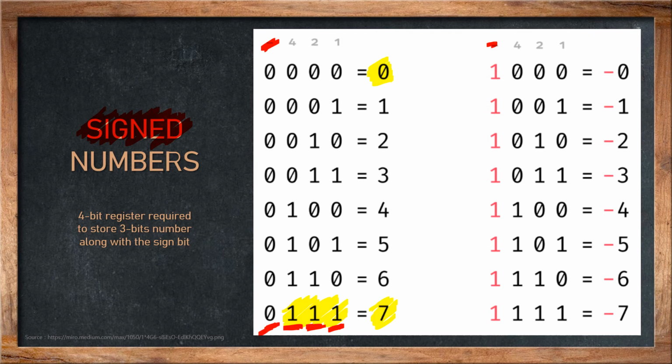So to store numbers of maximum 3 bits along with the sign, we need one more extra register; that is, 4-bit registers are required to store a 3-bit number along with the sign bit. So here is the example of storing signed numbers along with the sign bits.